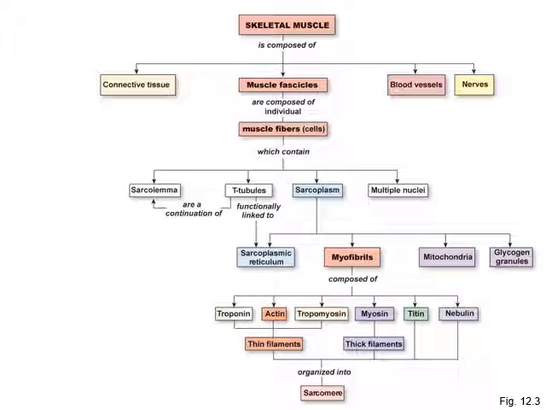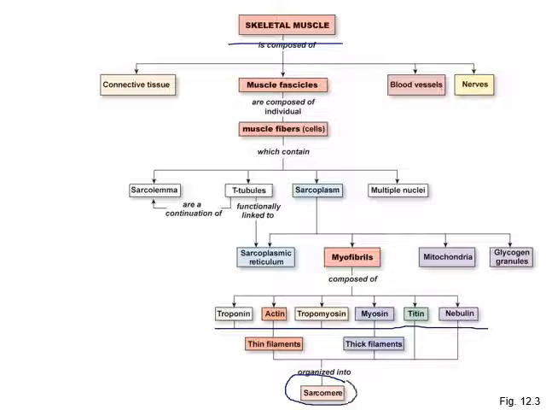So here's where we've gone so far. We've gone through the anatomy. We've gone from a skeletal muscle and broken it all the way down to those individual molecules that make up the myofibril. Okay, and then these are all arranged in that sarcomere.